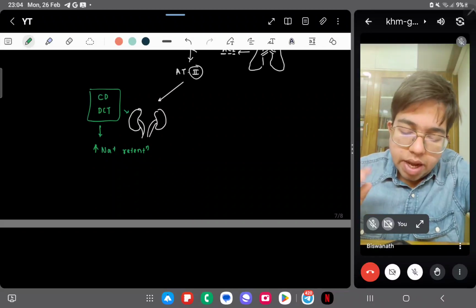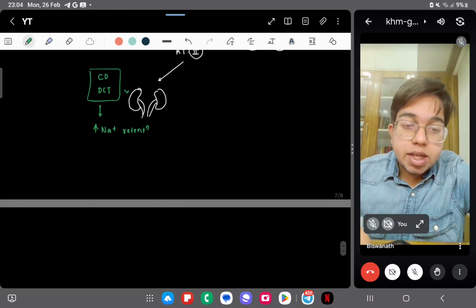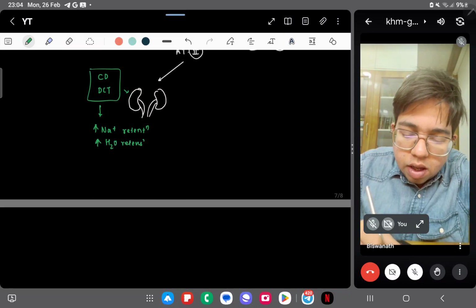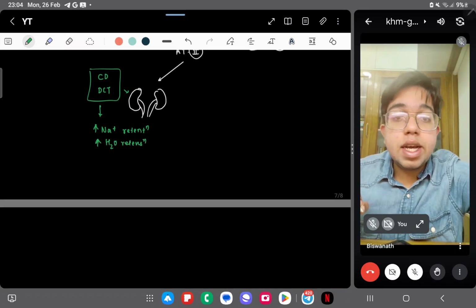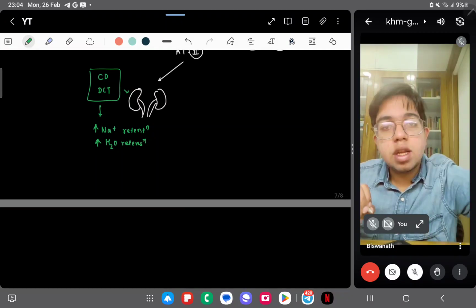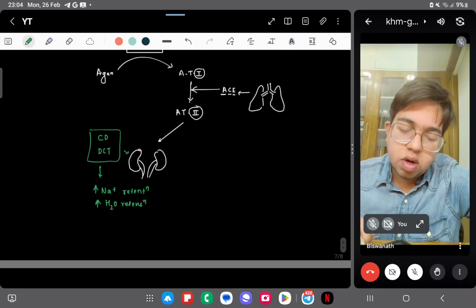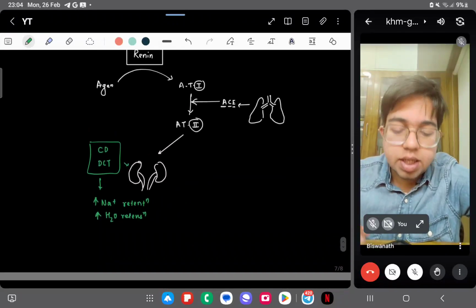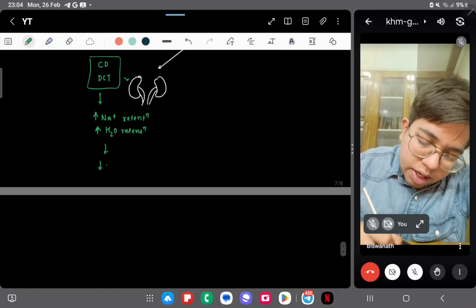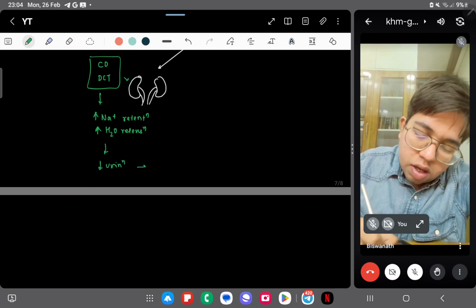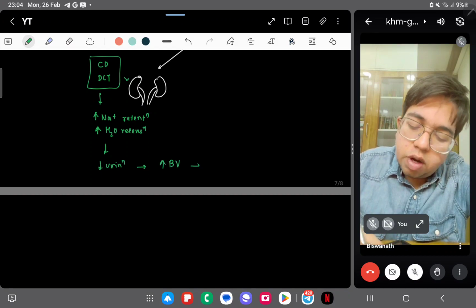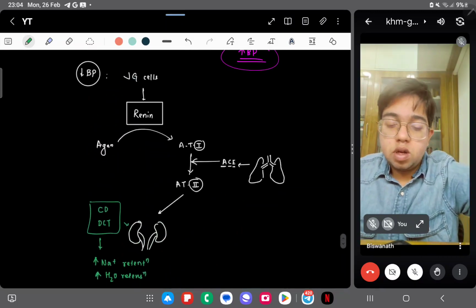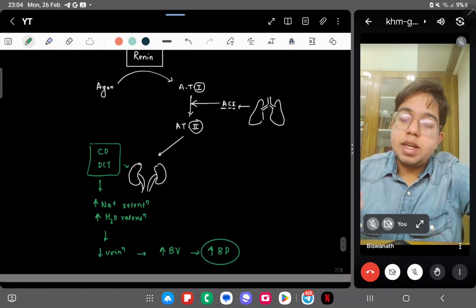It also increases water retention, that is, decreasing urination. If urination decreases, then blood volume is increased, and BP is increased.